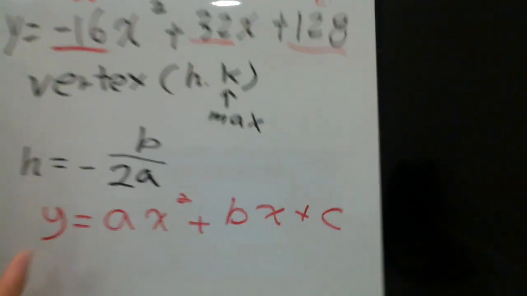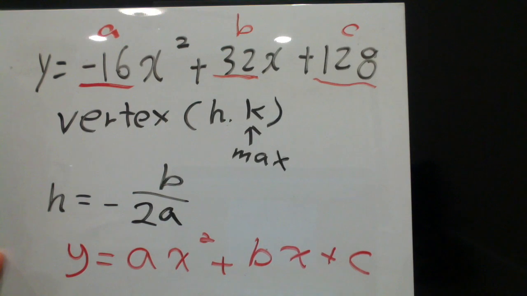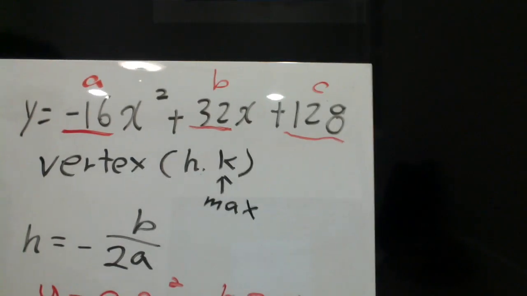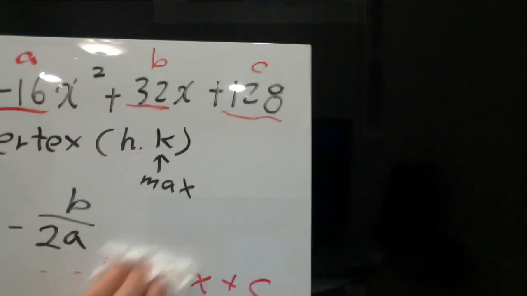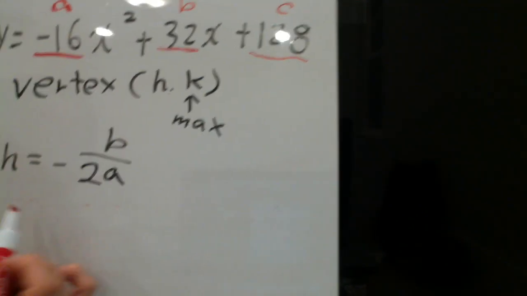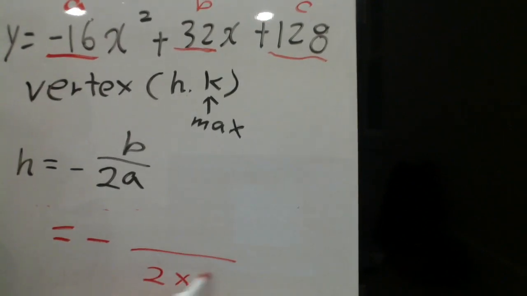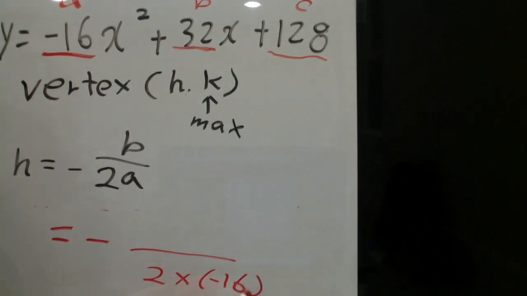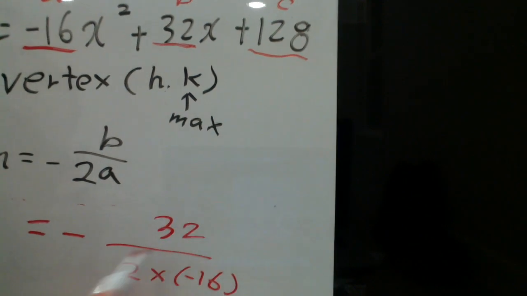Then I'm comparing this with this. So now I got negative B over 2 times negative 16, and then top B is 32, right? 32.